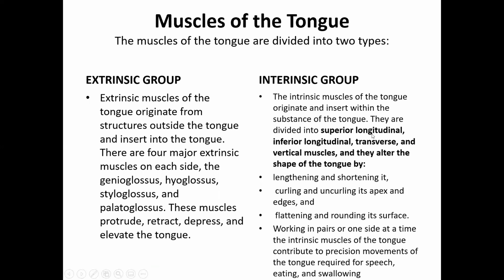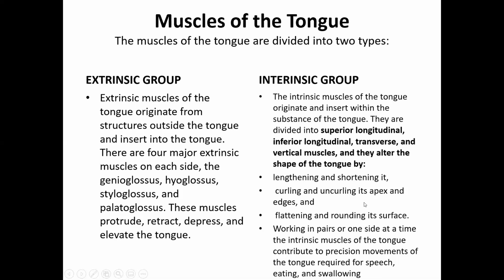Main function of this intrinsic group of muscles: they alter the shape of the tongue by lengthening and shortening it, curling and uncurling its apex and edges, flattening and rounding its surfaces. They work in pairs. So the movement is a precise movement which is required for speech, eating, and swallowing.